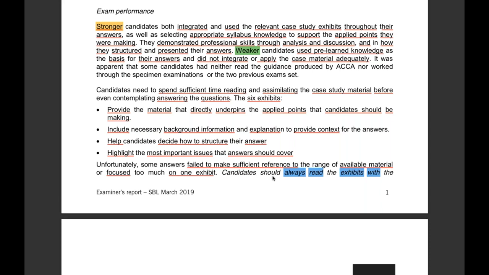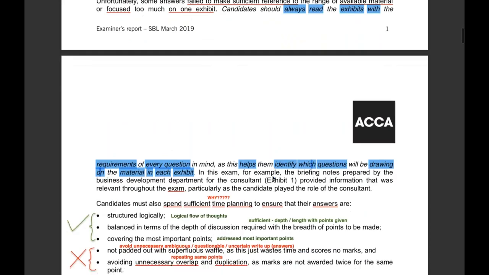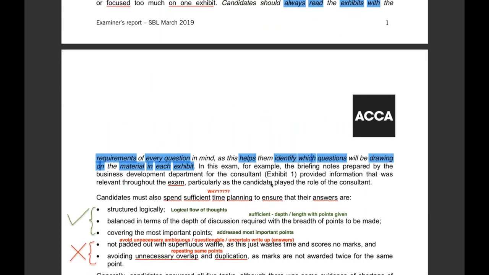I think this is what the examiner is trying to highlight to the candidate: should always read exhibits with the requirements of every question in mind. Why? It helps identify which question will be drawing on the material in each exhibit. Sometimes, to answer question number 1, you may need information from exhibit number 1, number 3, number 6.